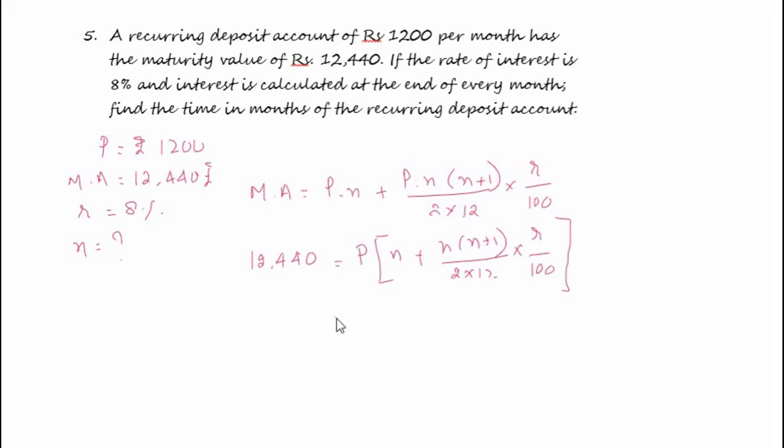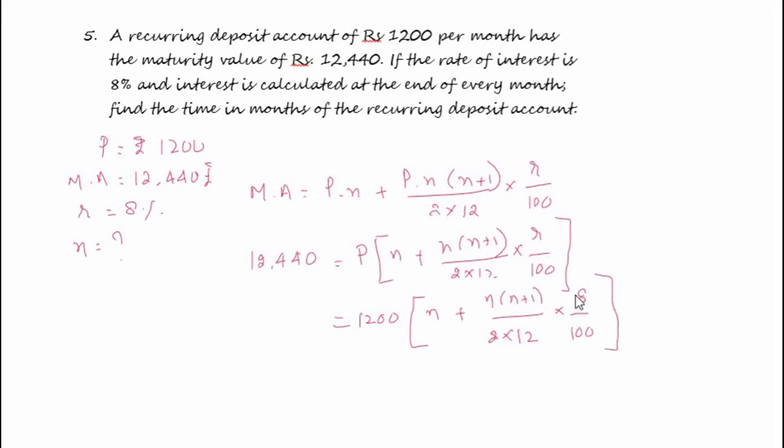Now let us substitute the values. P is 1200 into N plus, this is N into N plus 1 divided by 2 into 12 into R. R is 8 here, divided by 100.